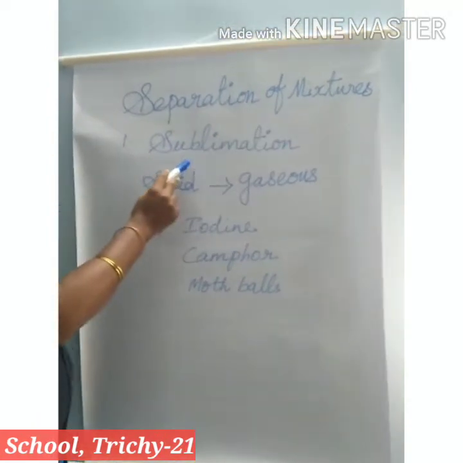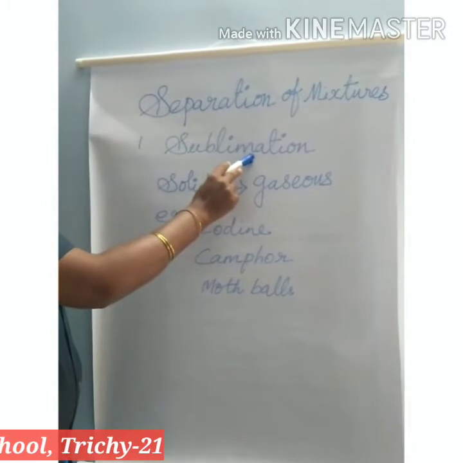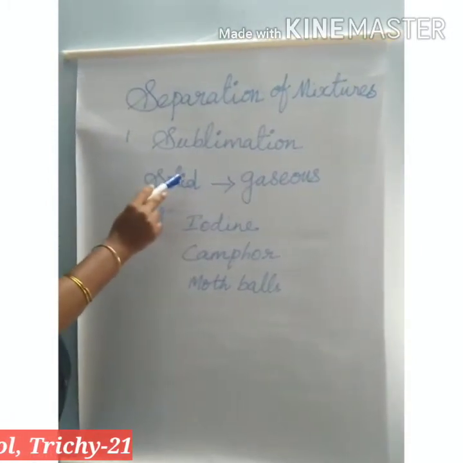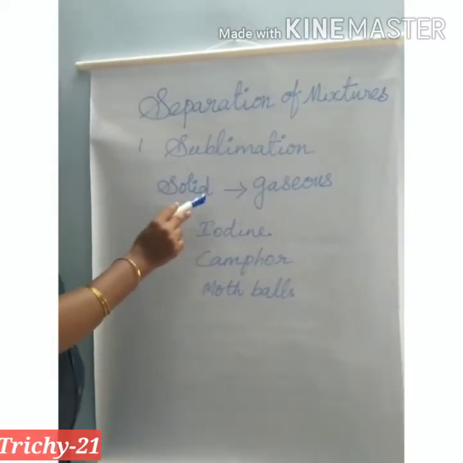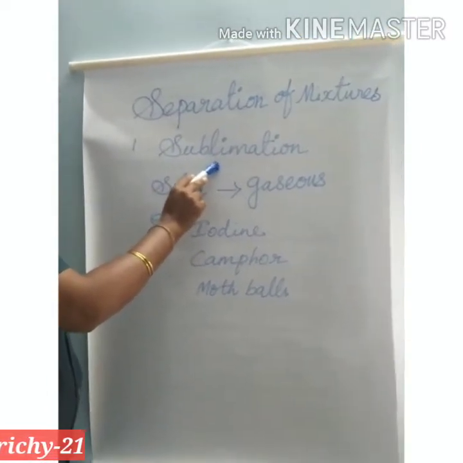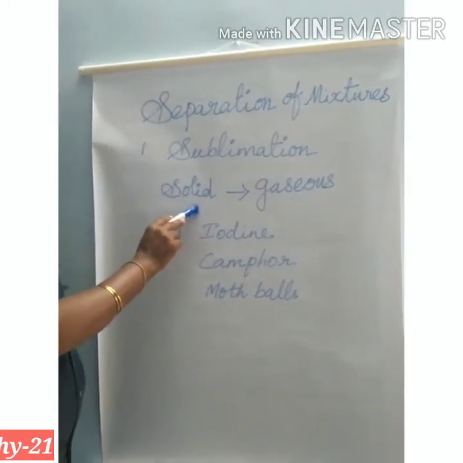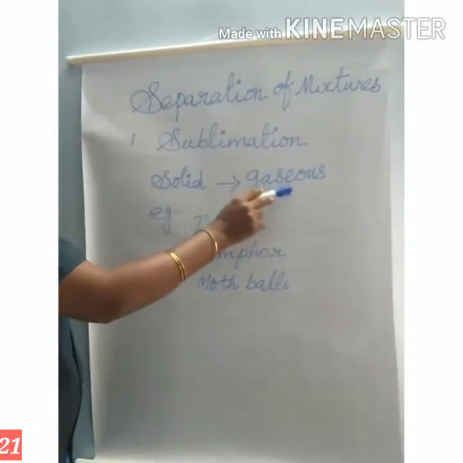The first method, sublimation. Matter has three states: first one solid, liquid and gas. In the sublimation method, the solid substance when heated changes directly from the solid to the gaseous state.